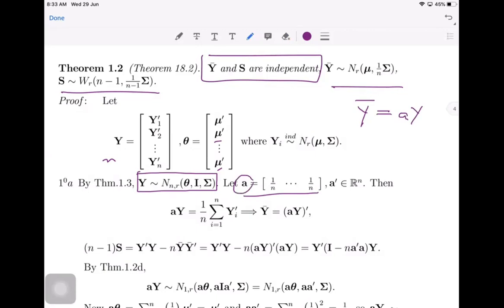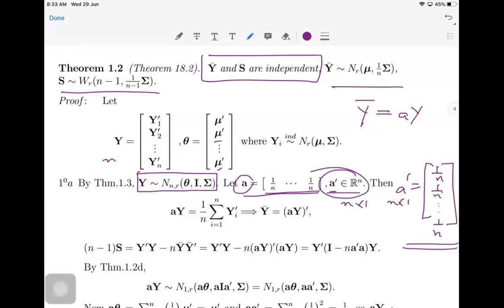So a is laid out as a row, so that a prime will be a column. Okay? Are you with me? Because a prime here is an element of n by 1. So this is the n by 1. Yes, ma'am.